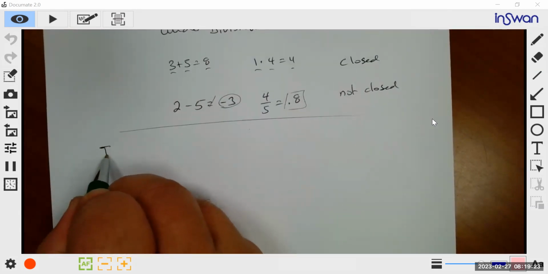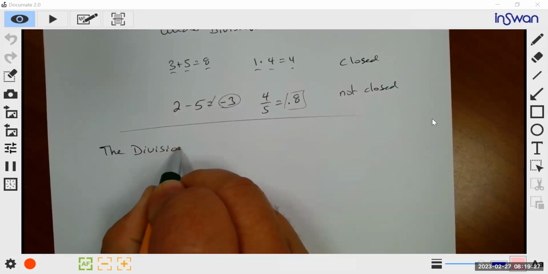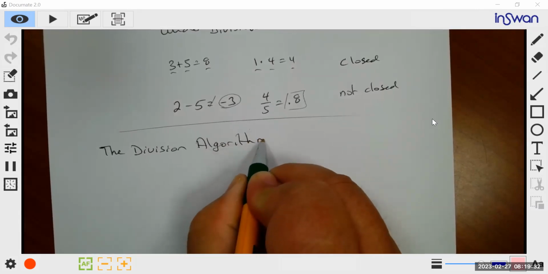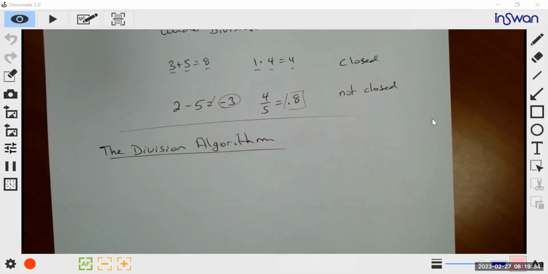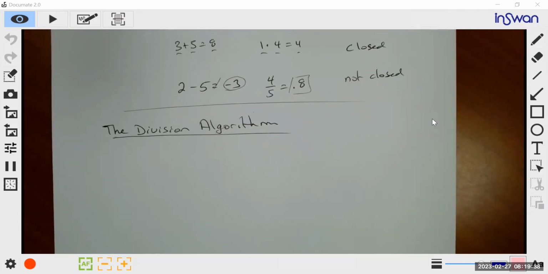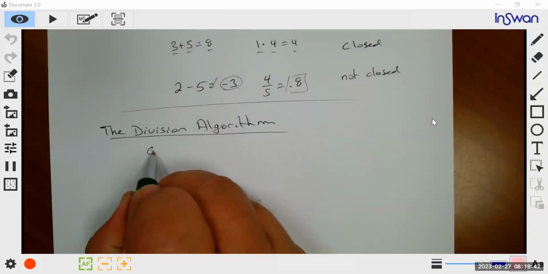Here's the next one. Division algorithm. Remember, an algorithm is simply an instruction sheet, a series of steps. So the algorithm says this.